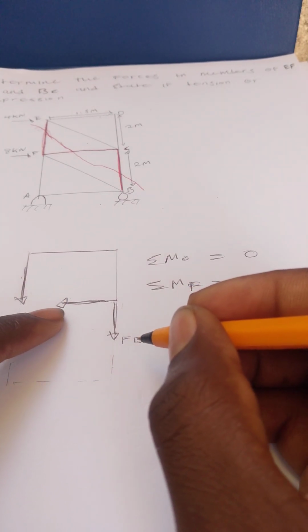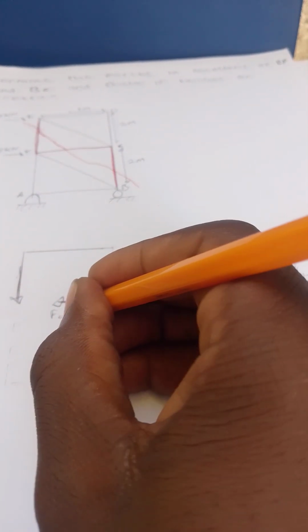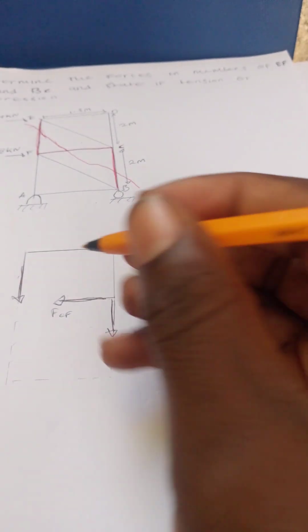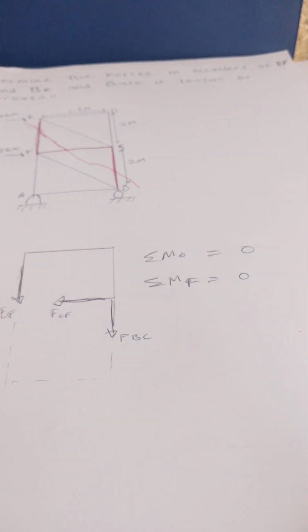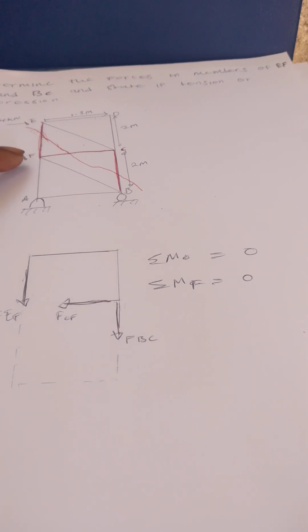Then this one we have force CF. Then this one we have force EF. So I'm saying we'll pick our pivot there, so that this one we exclude, this one we exclude, and this one we're going to consider.